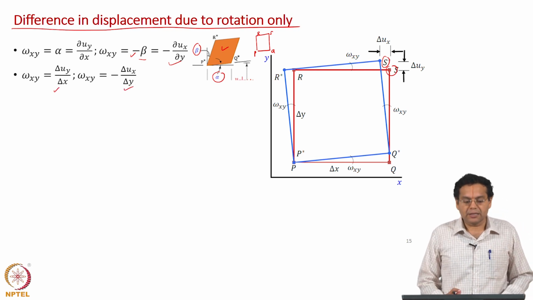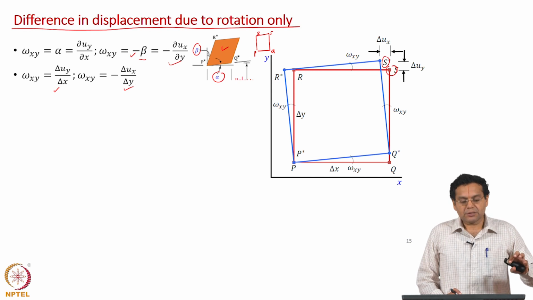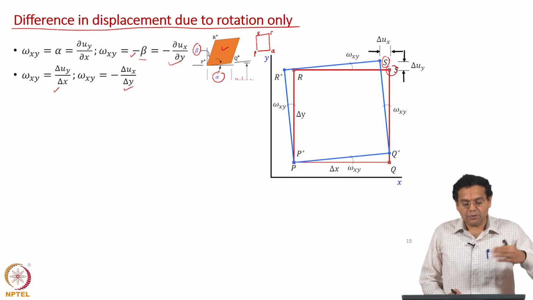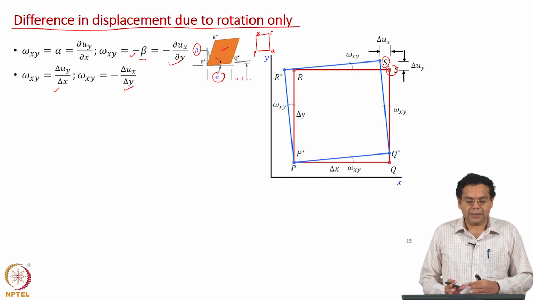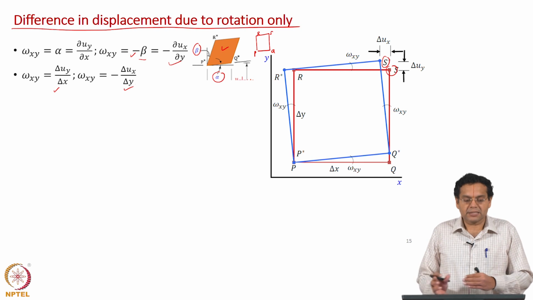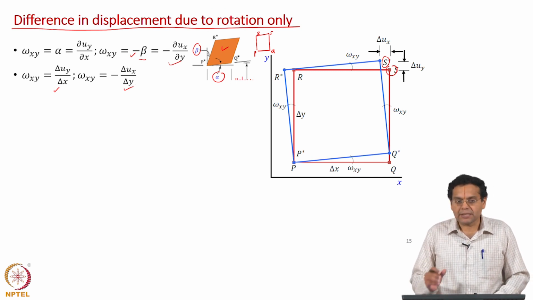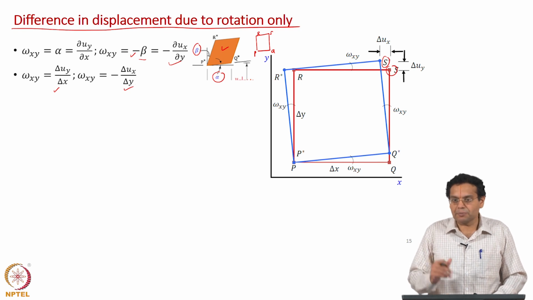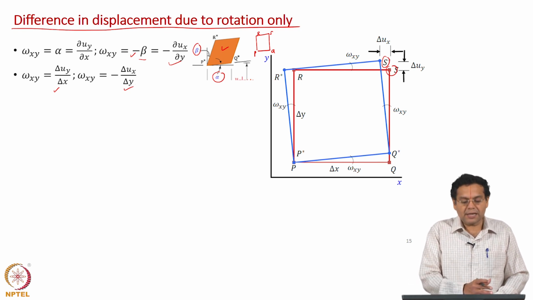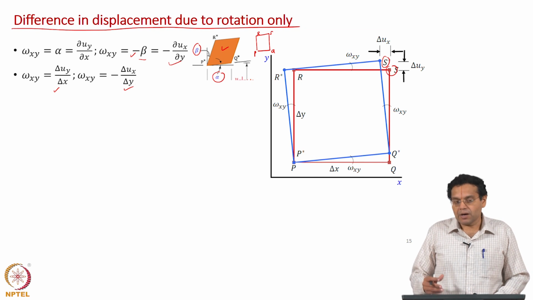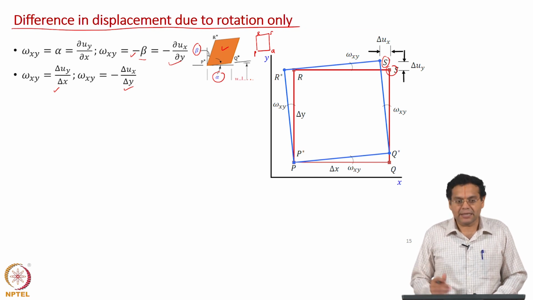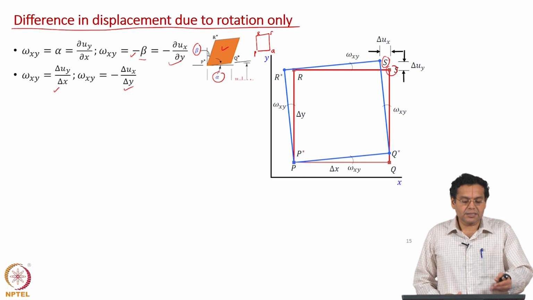Now, these relationships, what do they tell you? Omega xy is a rotation and that is related to the difference in y displacement for particles separated along the x axis by delta x. That is what we have here, P and then S. Once again there is no displacement of P, and so we can apply this relationship for the present case for difference in displacement between P and S. Similarly, what does the second expression tell you?